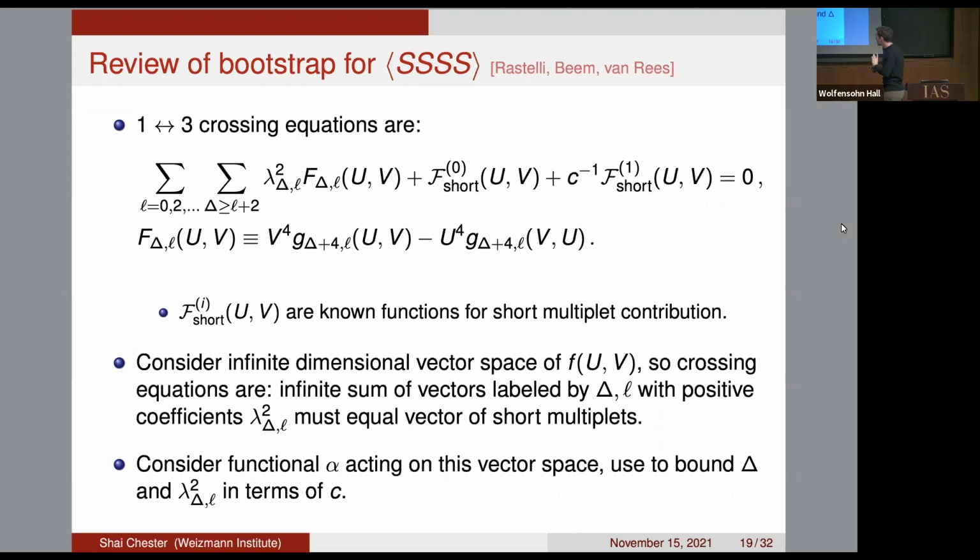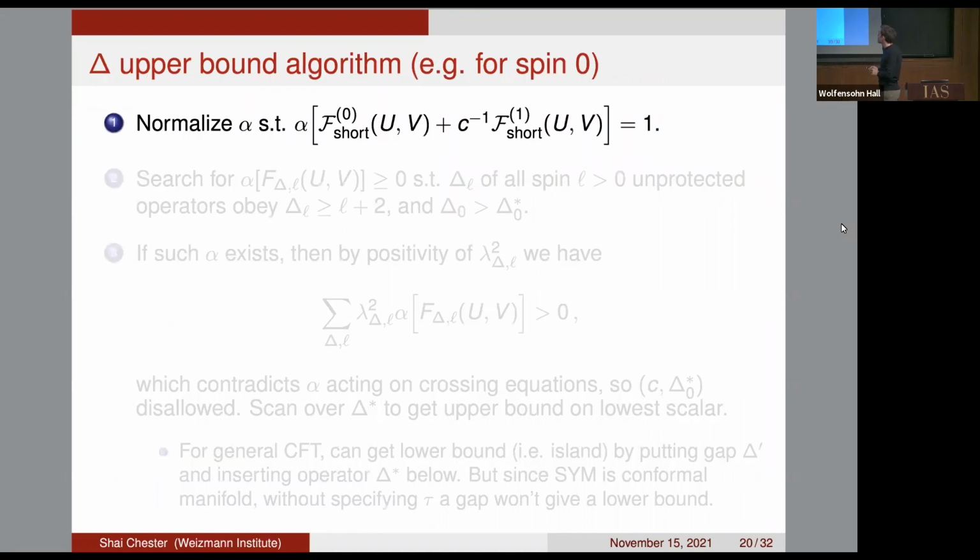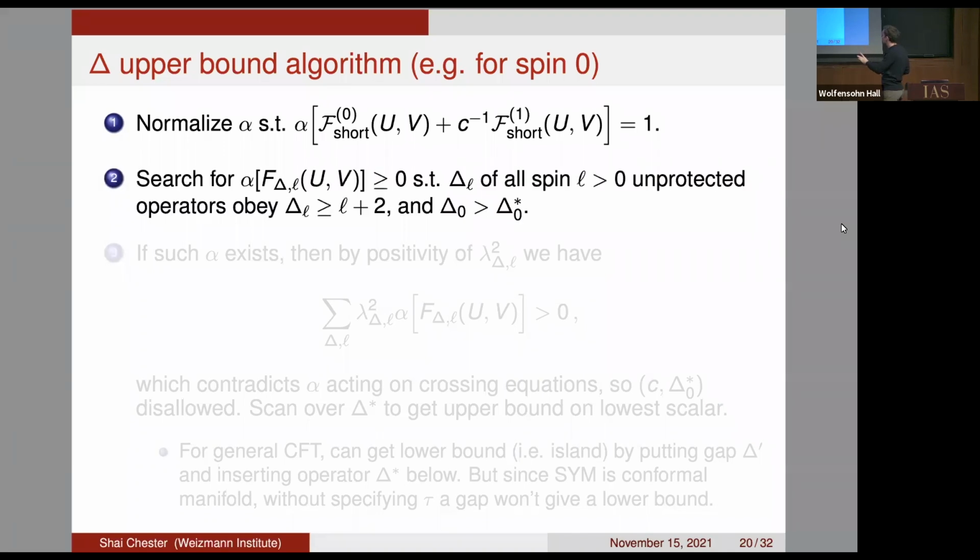Okay, so let's briefly review these bootstrap algorithms. For the bootstrap experts, this will be a review, and hopefully this will give some taste of how the bootstrap works for those who are less familiar. Let's first discuss how you get upper bounds on scaling dimensions, for instance, for the spin 0 sector. We start by normalizing our functional alpha such that when alpha acts on the short multiplet contributions, it equals 1.